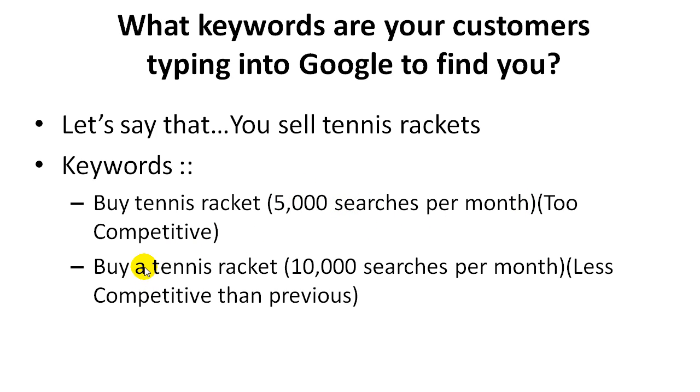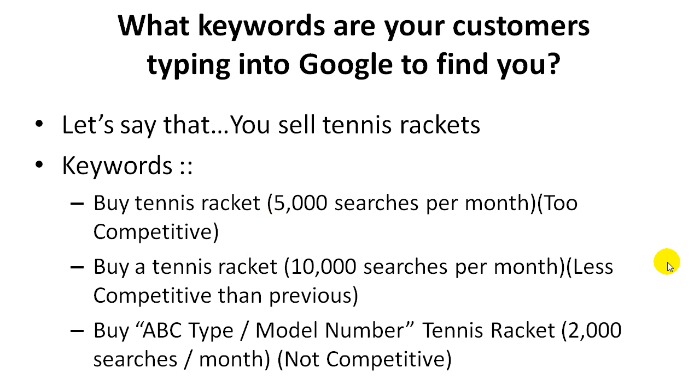But when you insert an a, buy a tennis racket, it could be 10,000 searches per month. It could be less competitive than the previous, but it's still competitive. And that's why you need to do some keyword research, figure out the right keywords, and attack it at that angle.